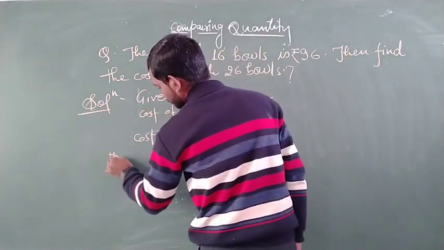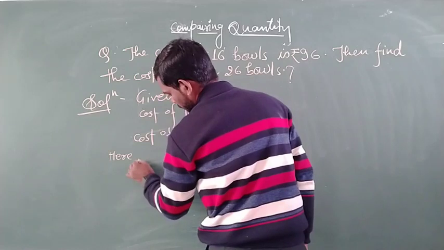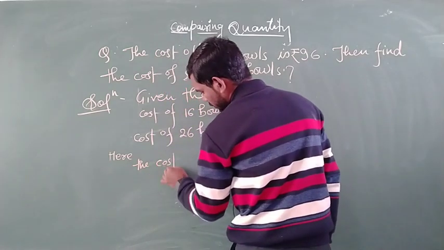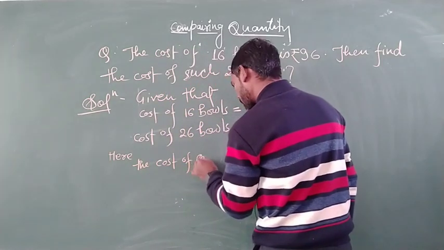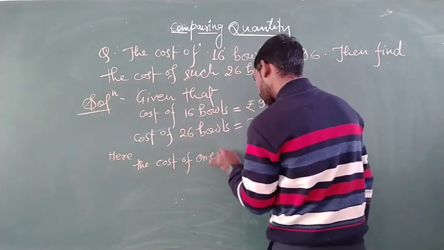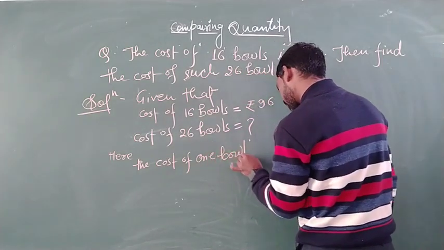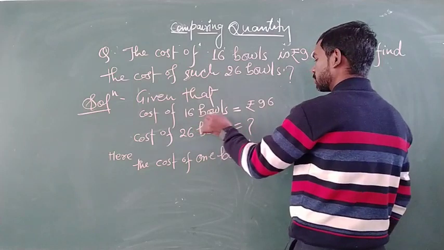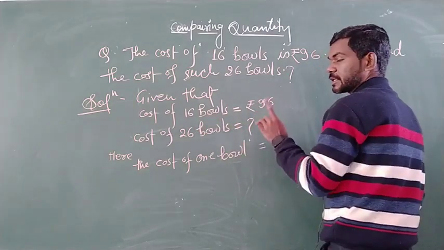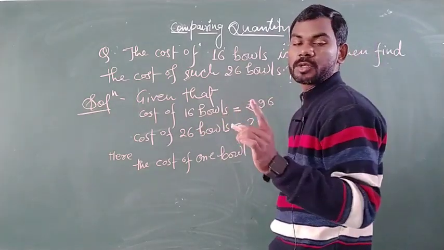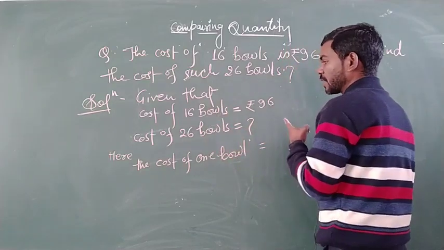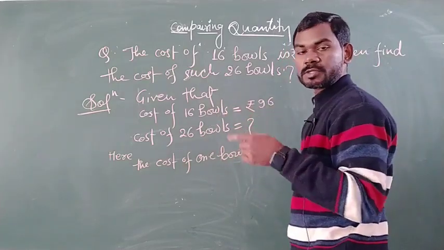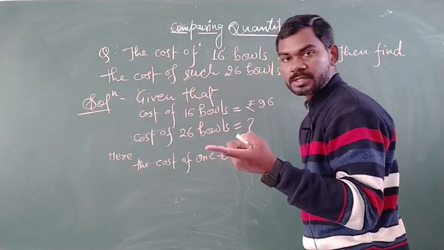Here the cost of one ball: since the cost of 16 balls is equal to 96, the cost of one ball is obtained by dividing the cost of 16 balls by the number 16.